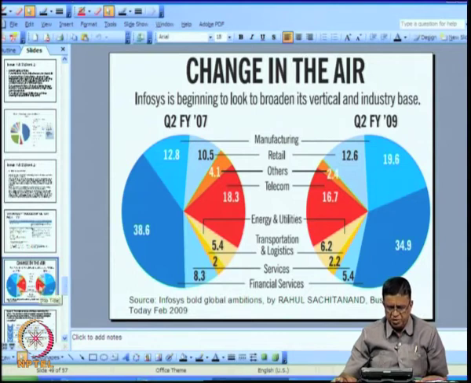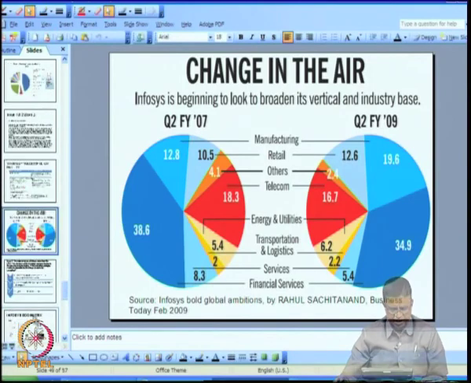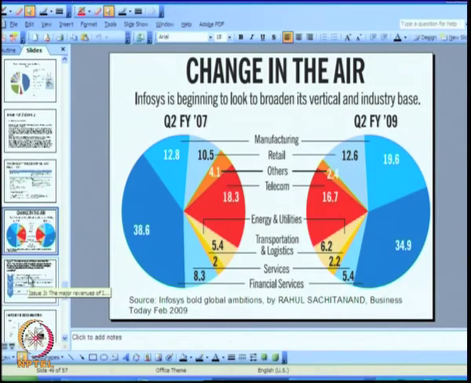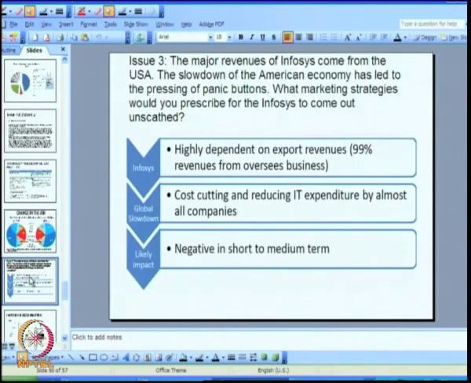So, what is the type of these things which you are seeing? This reflects the global ambitions of Infosys trying to acquire industries. This is with respect to both the vertical and industry based, looking at broadening the thing.